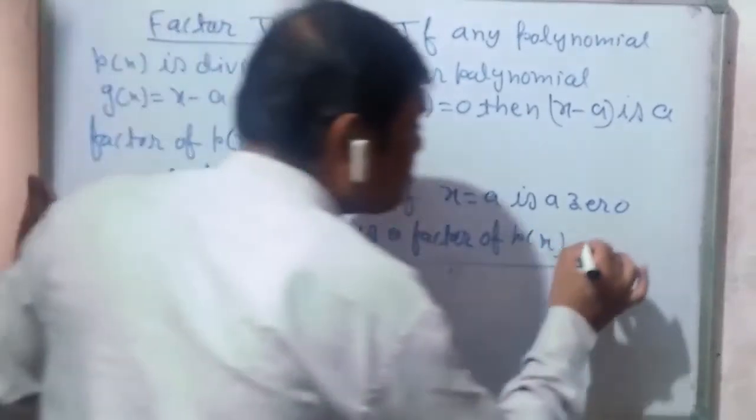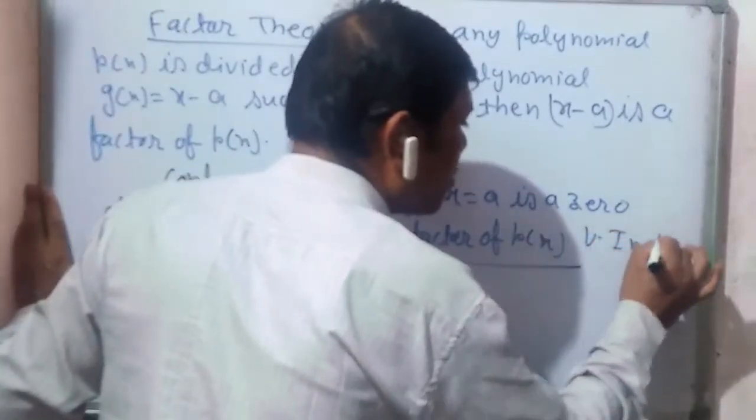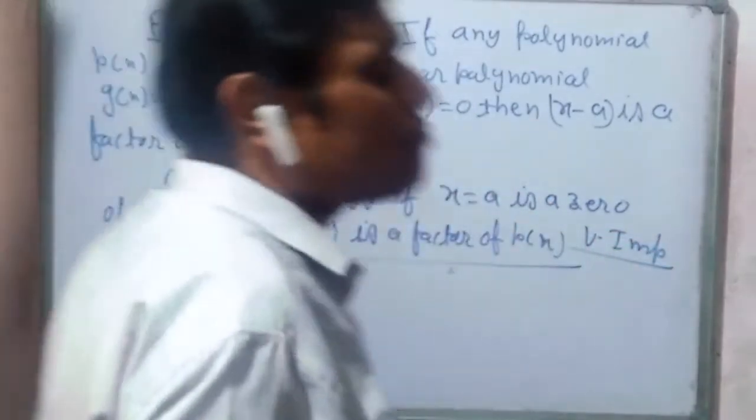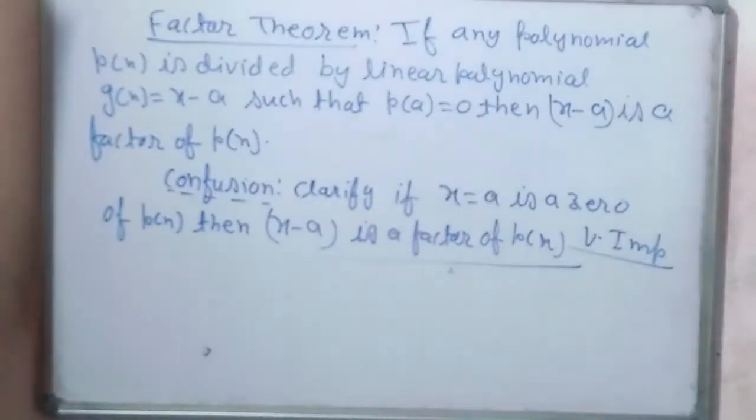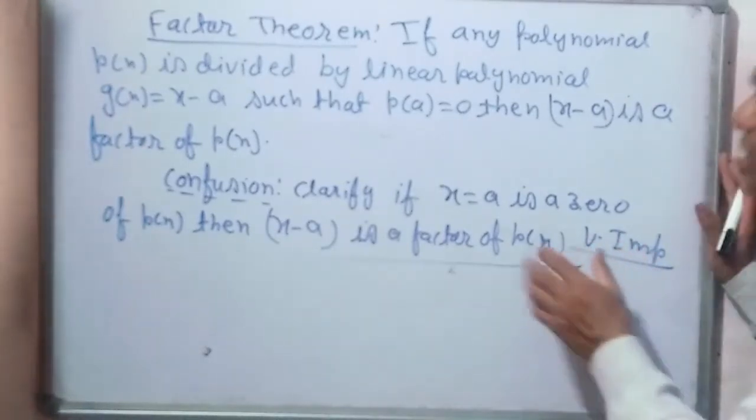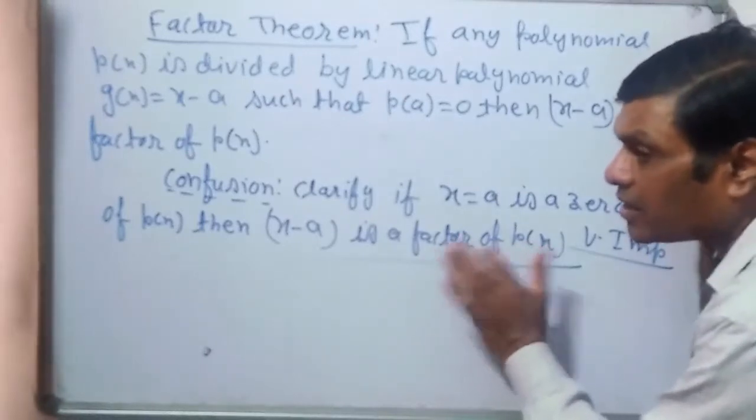This is very important correlation between the zero of a polynomial and its factor. किसी भी पॉलिनोमियल के जीरो से उसके फैक्टर्स निकालने का ये एक तरीका है.